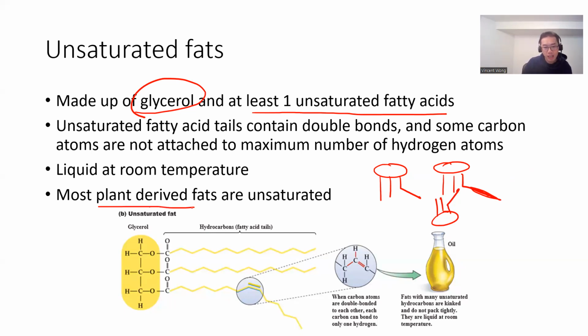Most plant-derived fats are unsaturated and they are relatively healthier. So do you guys have any examples of oils at home that would be unsaturated? Olive oil? That's right. Olive oil is unsaturated. Anyone else?